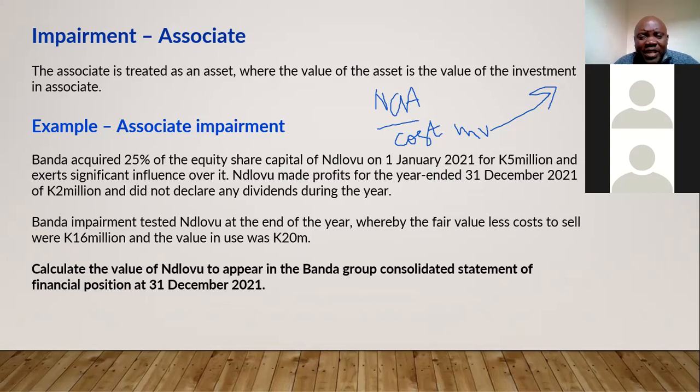Ndlovu made profits for the year ended 31st December 2021 of 2 million and did not declare any dividends. So we know that there were some profits of 2 million.